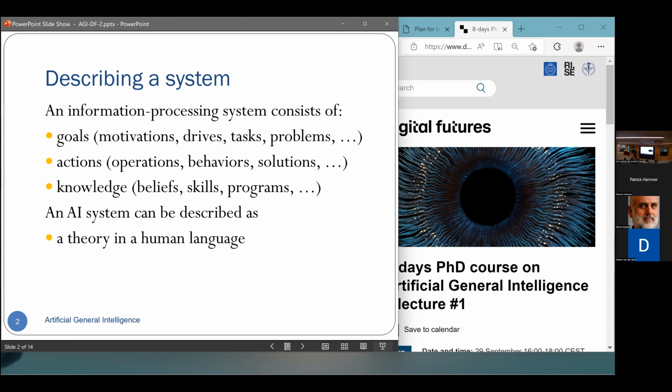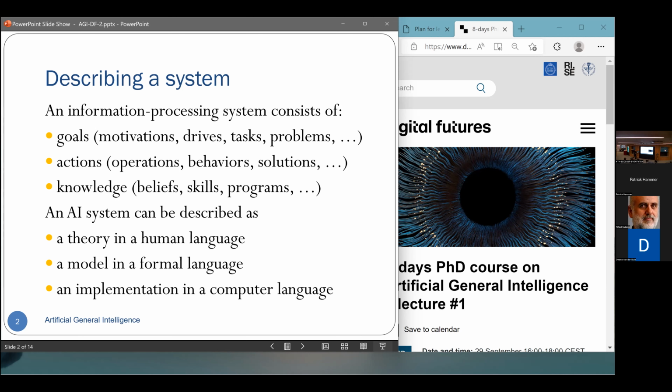And then the second level is you typically need a formal model, in a formal language. You can also call it a symbolic language or a mathematical language. And finally, for the purpose of AI, eventually you need to build it.